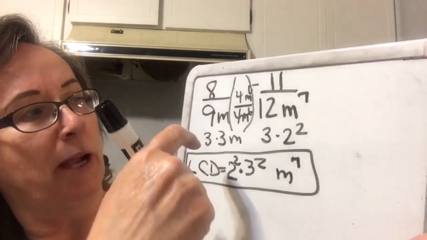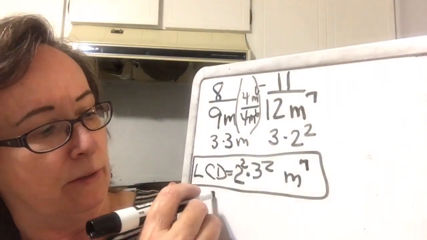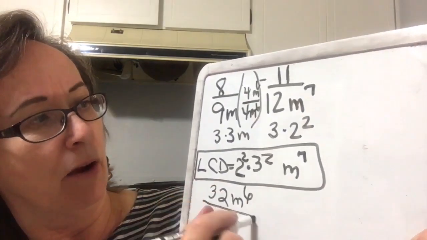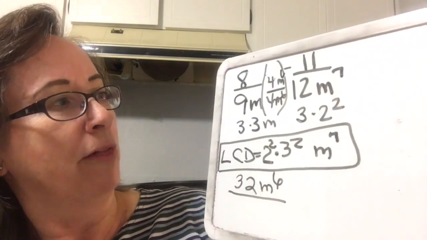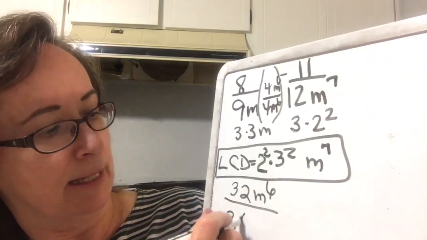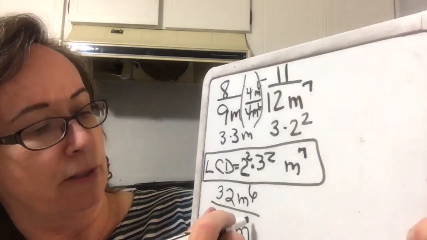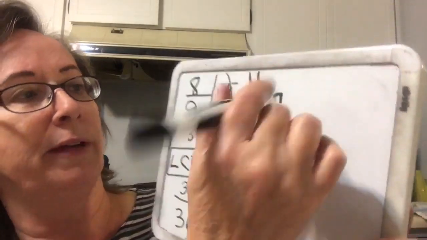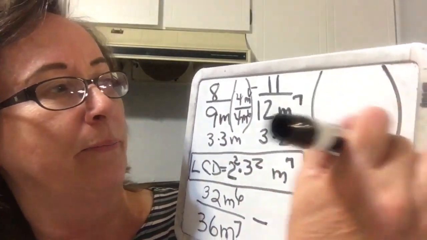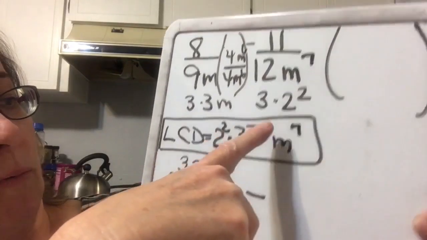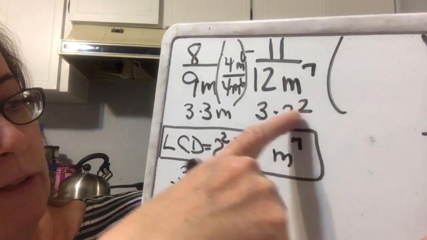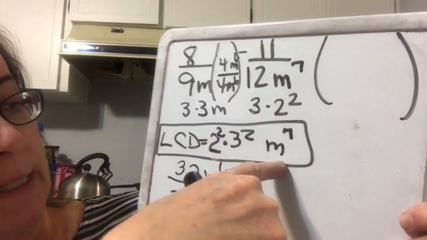And my new expression is going to be 32 m to the 6th over 36 m to the 7th. Okay, minus, and then over here on the other side, we've got what's missing. We've got a 3, we need another 3. We've already got the 2 squared, and we've got the m to the 7.